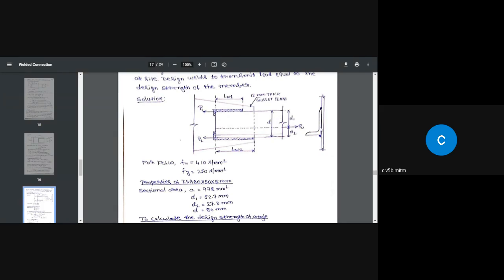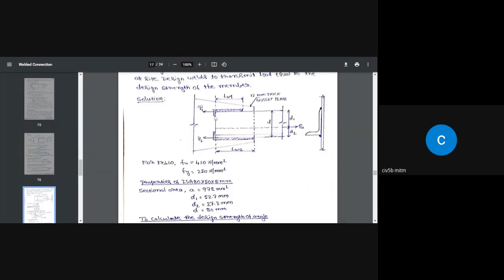So we need this much weld for this. Next, through this weld, we are going to transfer P1 value. In this case, P2, and here we are going to transfer P1 value, which covers the force in the lesser area. Lesser area means lesser load we are going to transfer, so we are going to need lesser length of the weld.